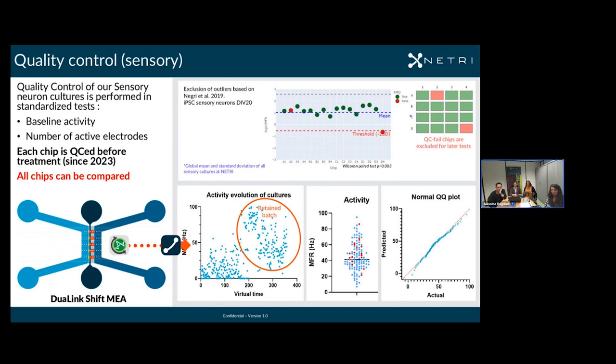So we can also look back and differentiate if a new batch of cells, a new lot, is responding how it should. You also have plotted next to it all the MFR from chips that have been recorded, all our historical data on activity, showing that they follow a normal distribution in our devices.